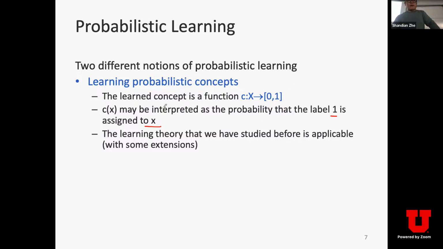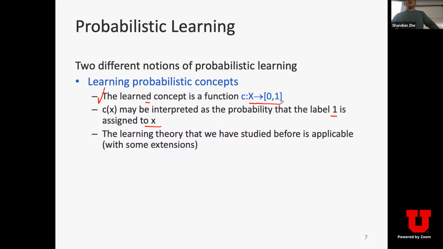How can we get such kind of prediction? We can change our target function or concept from predicting a decisive binary label to predicting a continuous probability.